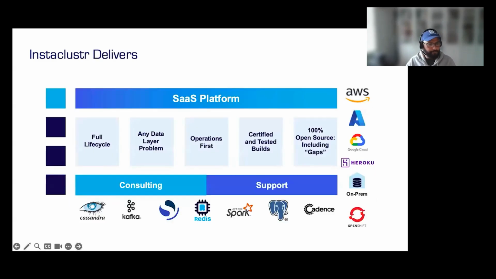What InstaCluster delivers is a SaaS platform, whether it's for Apache Kafka, Apache Cassandra, or Apache Spark, also OpenSearch, PostgreSQL and Cadence. We provide consulting and support, whether it's on the three major cloud providers or on-prem, and we also help our customers get the best from their open source platforms.